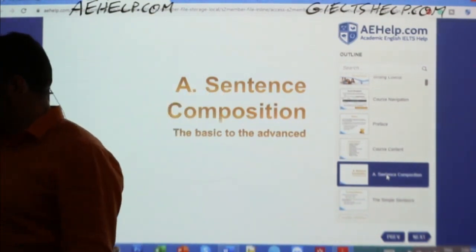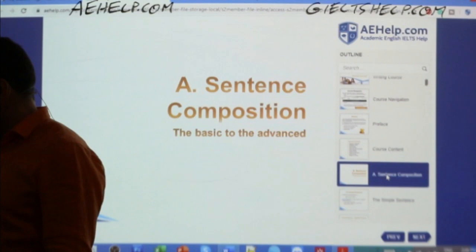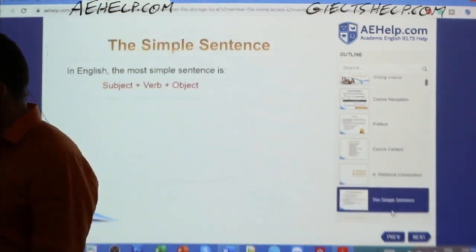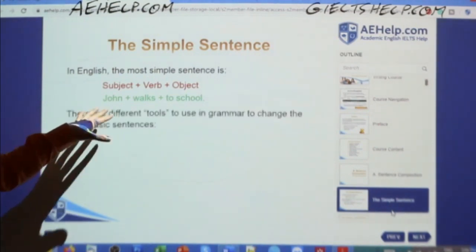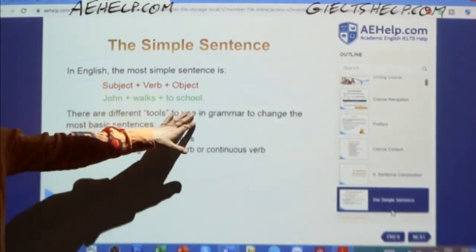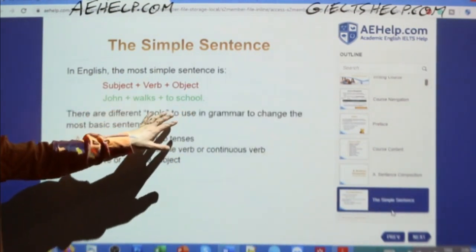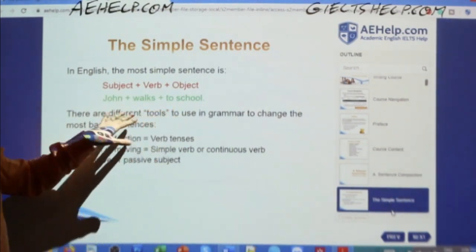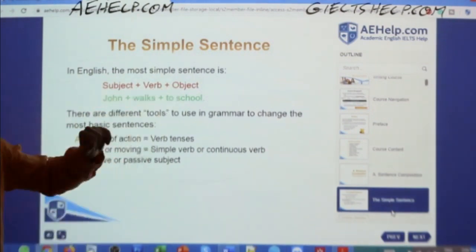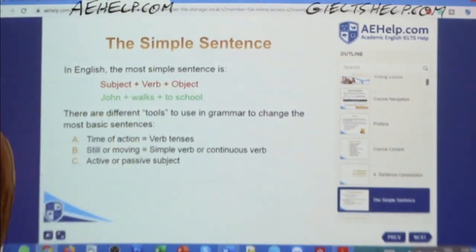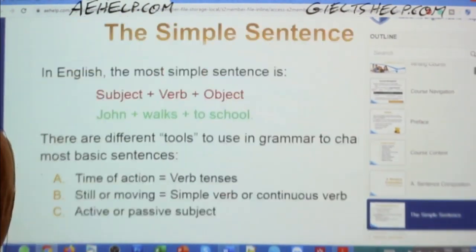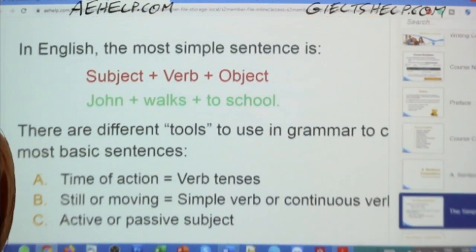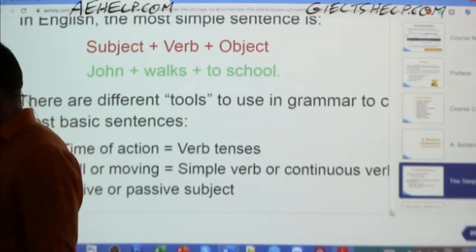And when you go to the sentence composition, it'll start you off with the basics, so the simple sentence, and it'll start you off with John walks to school. Can you see that? I know it's a little bit smaller because it's not designed for this type of lesson, but it starts off with subject, verb, object. Let me see if I can get this a little bit bigger for you here. There we go. Okay, so it'll start off with this very, very basic.